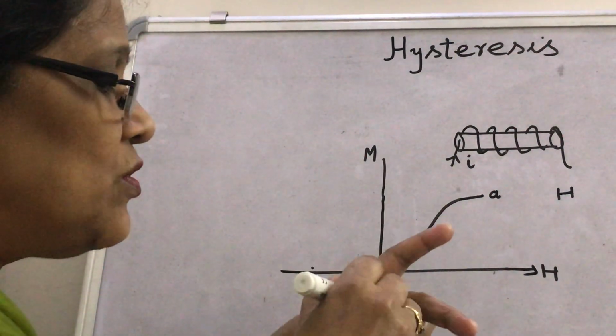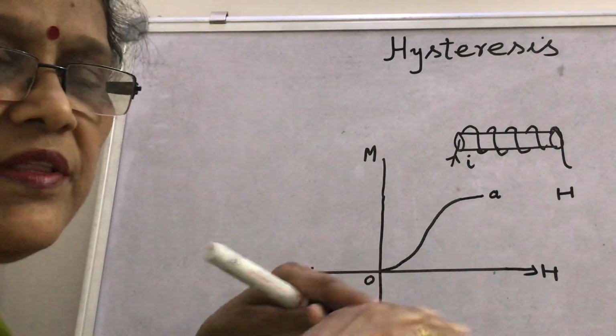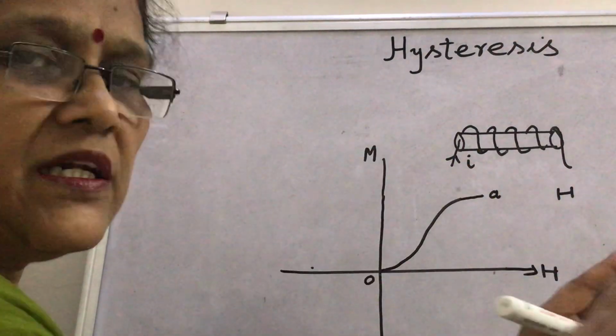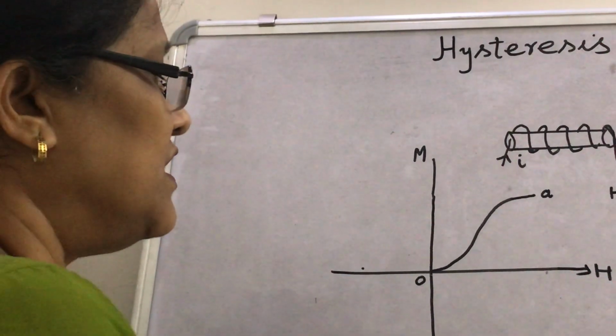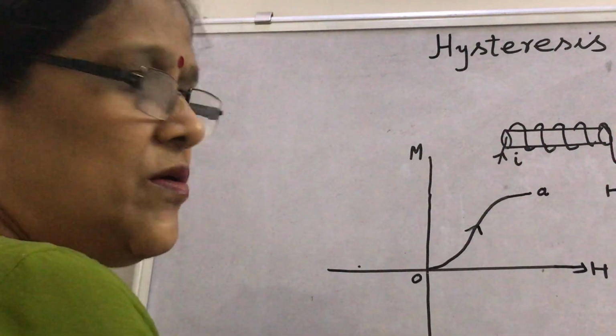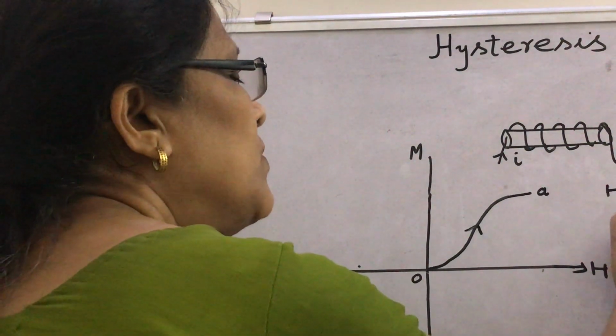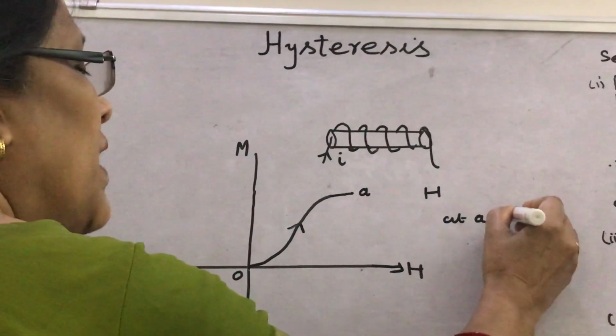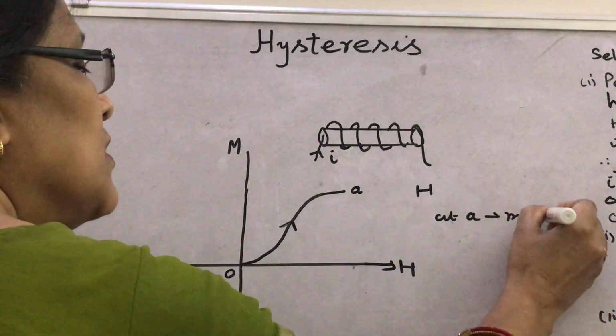All the domains of the rod have their orientation in the direction of the magnetizing intensity. So from O to A, at the point A, we have got maximum magnetization.